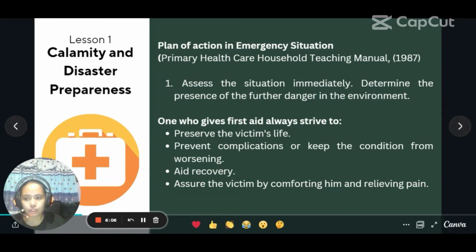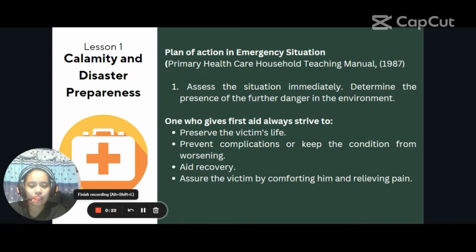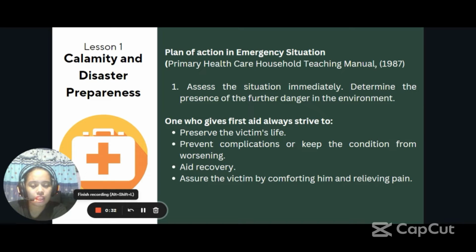So, one who gives first aid always strives to preserve the victim's life, prevent complications, or keep the conditions from worsening, and aid recovery. Next is assure the victim by comforting him and relieving pain.